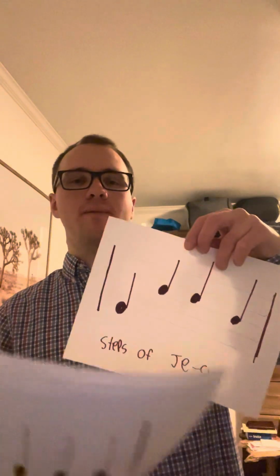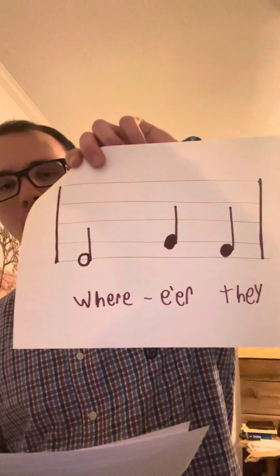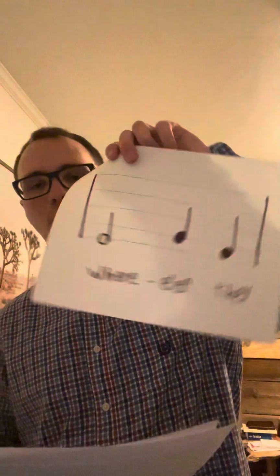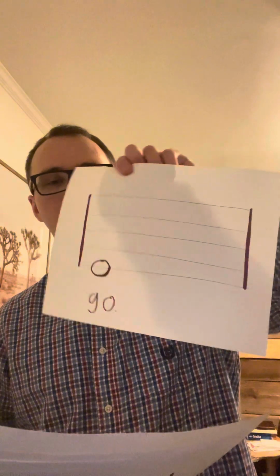It tells you the division, and that tells you how long or how short you're going to sing each note. So you got quarter notes, you got a half note like this where it says where'er they go, like the where there, and then you got a whole note like the note go, where'er they go, takes up all 4 beats.